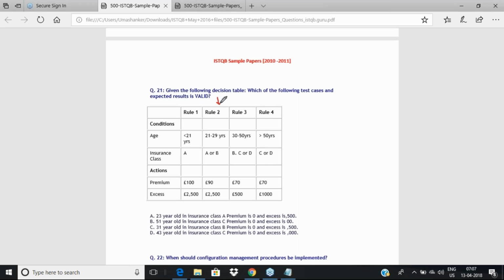At 23 years old, insurance class A, yes, he can get A or B. So premium is 0, he's saying. So this is wrong. A 51 years old, insurance, 51 years, he's definitely here.